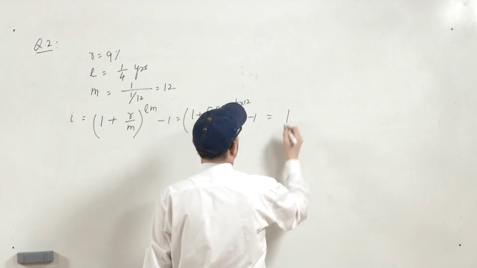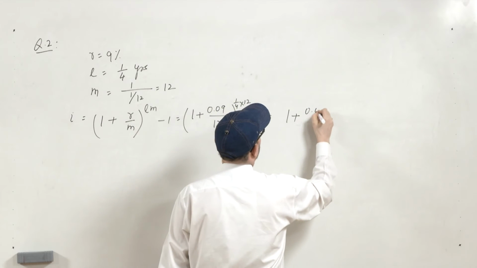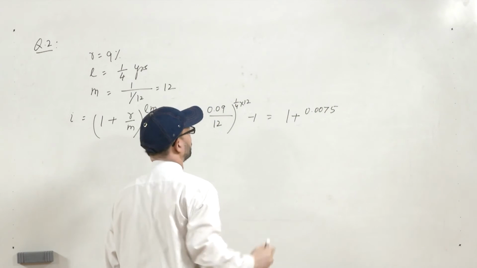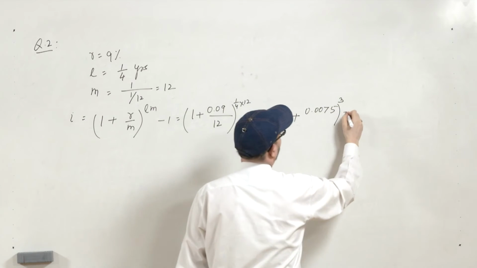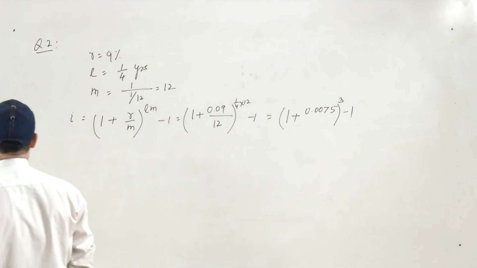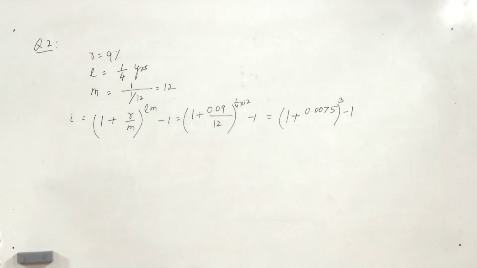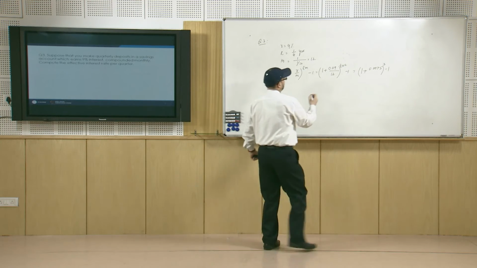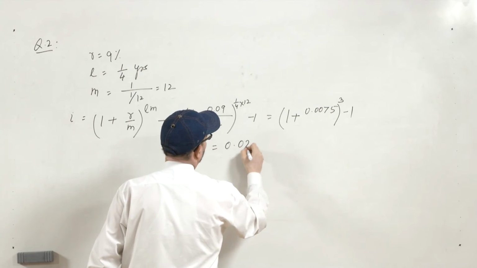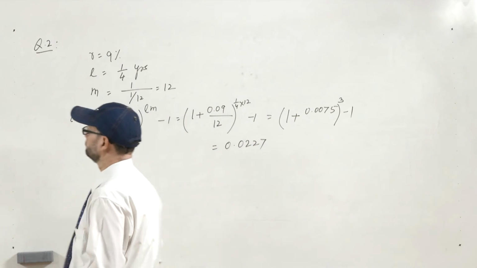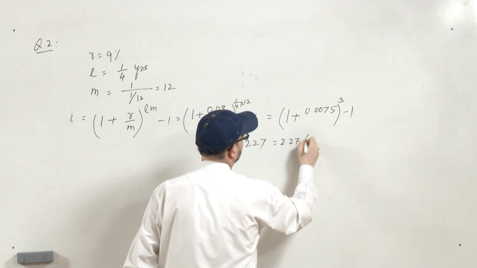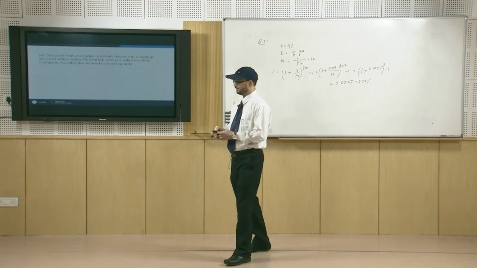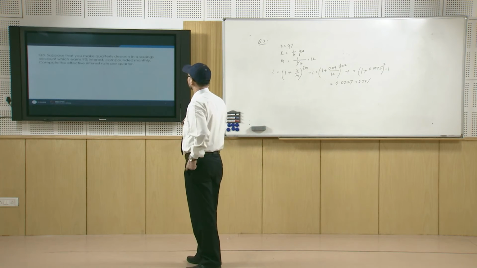So, (1 plus 0.0075) raised to the power 3 minus 1, and that comes out to be 0.0227. So, this is coming out to be 2.27%.